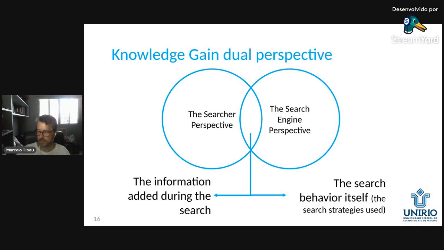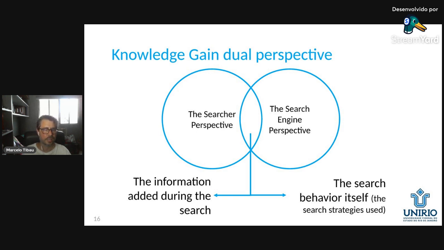Well, to me, it's the interaction that is missing, and it's missing the search behavior itself from this interaction, because you cannot assess qualitatively the user behavior without relating it to some search strategies, because search strategies represent the cognitive effort that the searcher is applying during the search, and also the information added is missing.